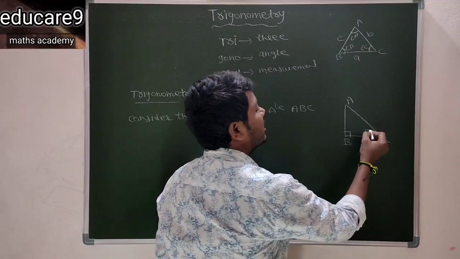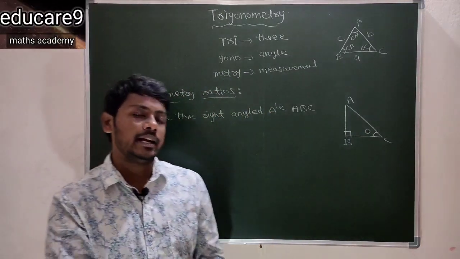Here theta is the angle between AC and BC.